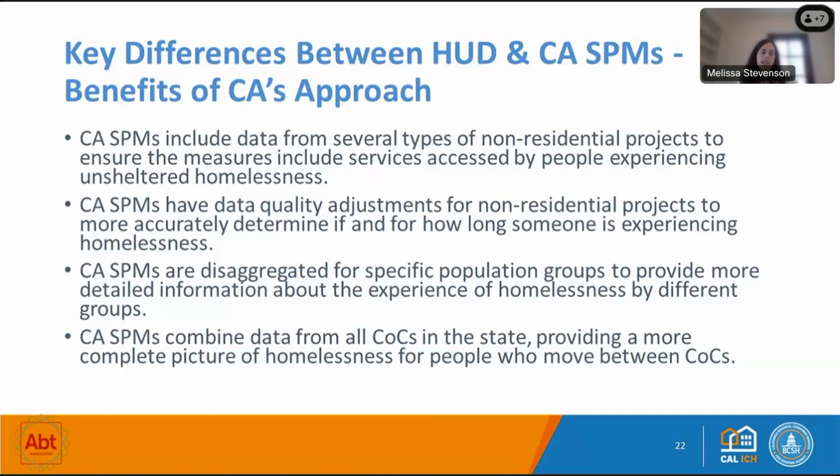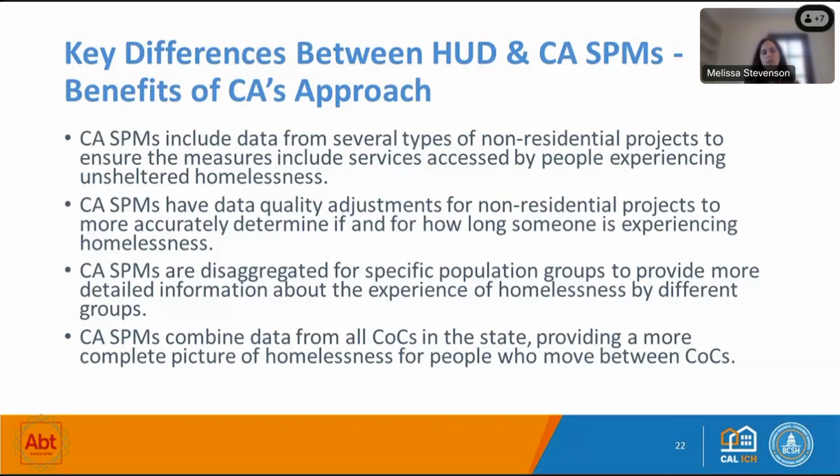And another key difference is that the California SPMs combine data from all the CoCs in the state, because we have that data in HDIS, and HDIS has that data on all the CoCs in the state, and it gives you and the state a much more complete picture of homelessness for people who move between CoCs.